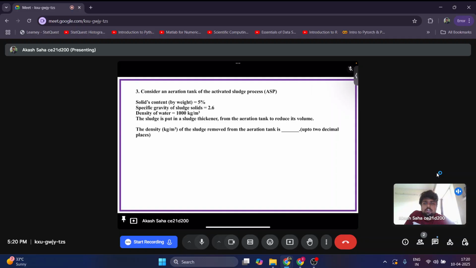So just note that the solid content is by weight. So here the picture of mass will come.